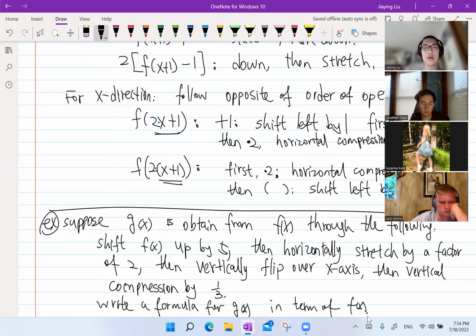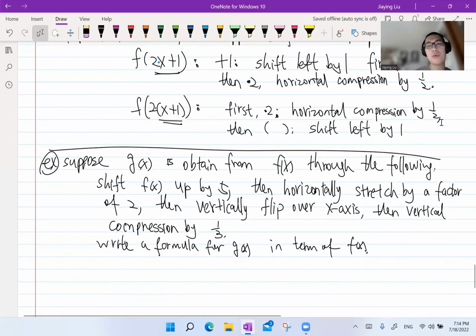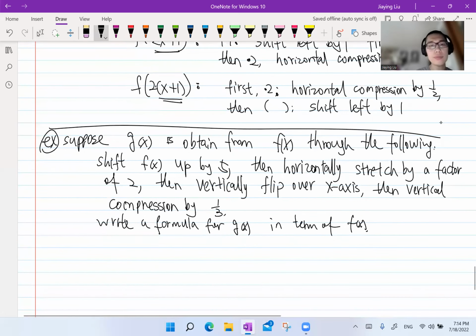But can we write down a formula for g of x in terms of f of x? So this is what we're going to do. We're just going to follow the steps one at a time. So we know that g of x is going to be some expression with f of x. So let's see what happened to f of x first.